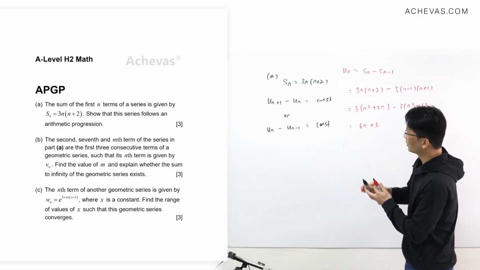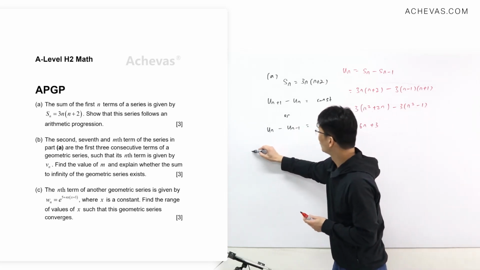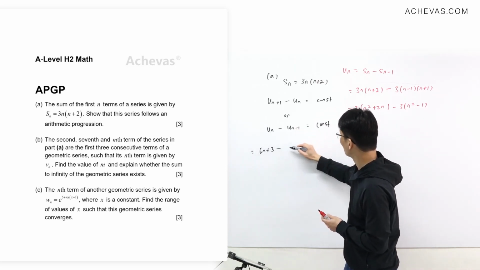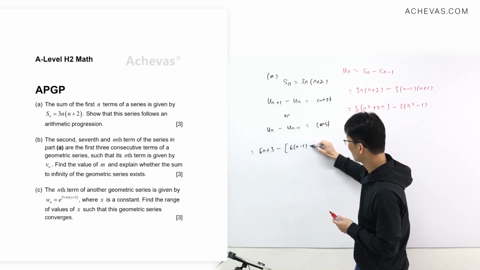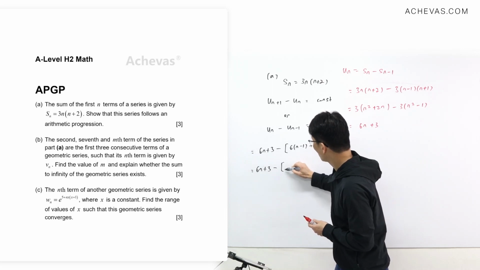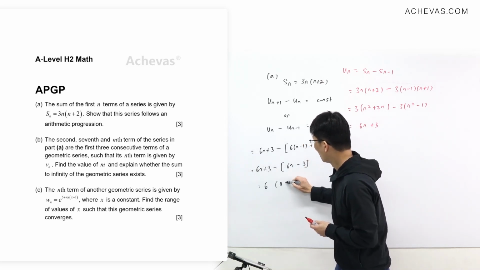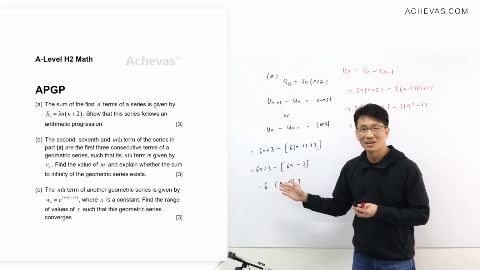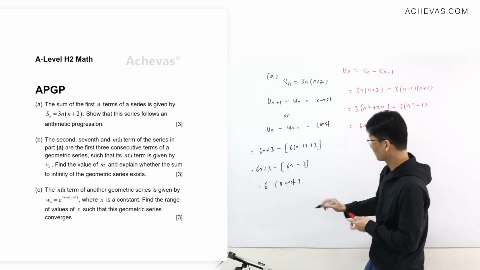And now perhaps I can just make use of our second expression here. un will just be 6n plus 3. un minus 1, just replace all the n I see with n minus 1. 6(n minus 1) plus 3. Simplifying a bit, I will end up with a 6, which is very good because once I show that this is a constant, that means to say that this un will just be an AP.